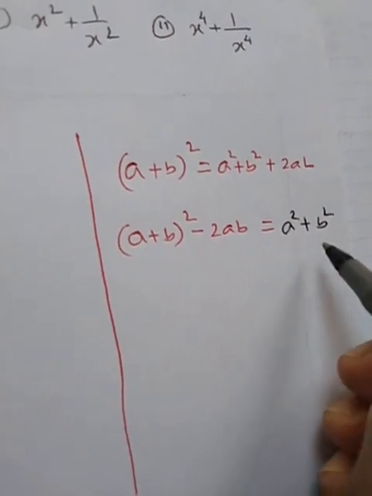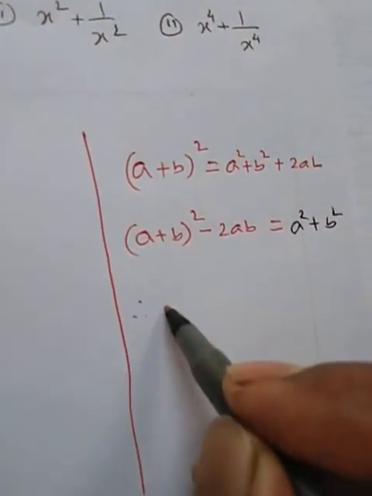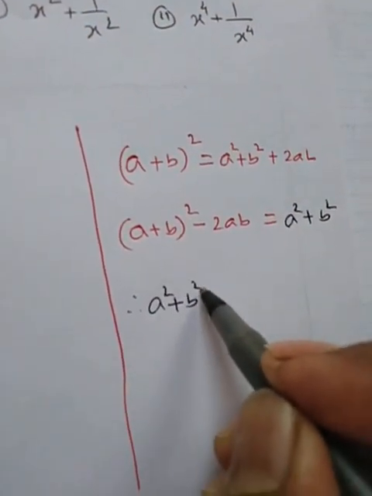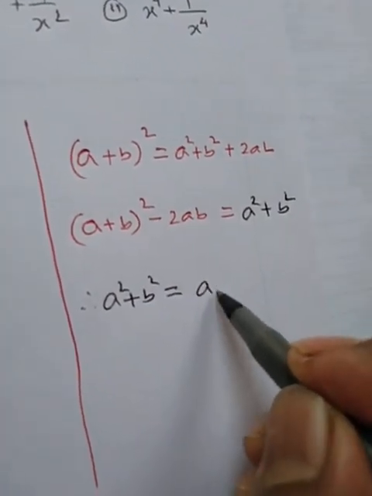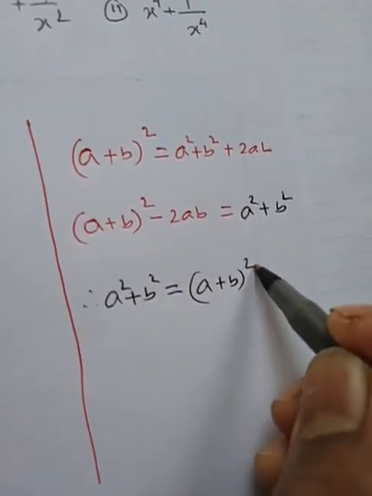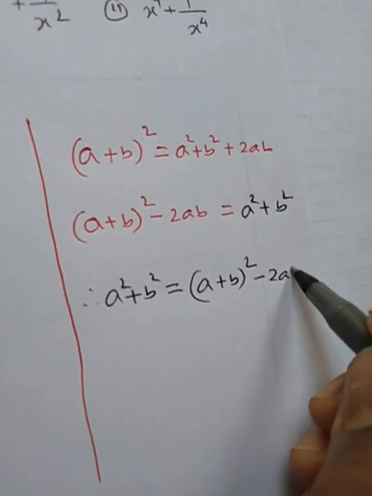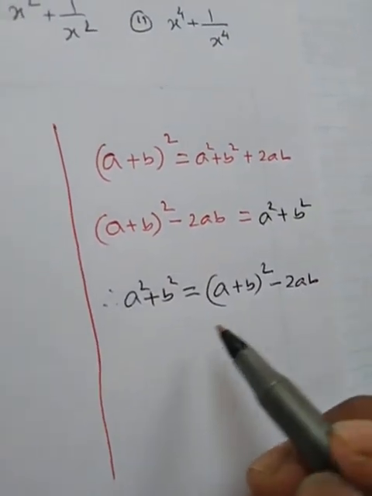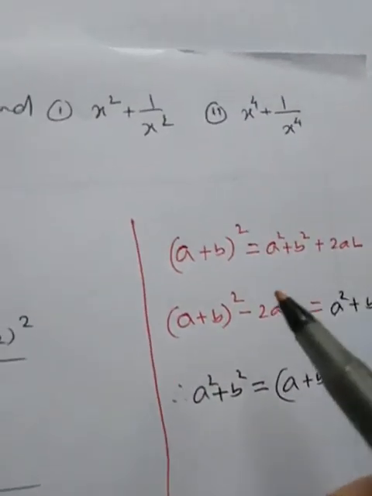So instead of this a square plus b square, we can write it as a plus b whole square minus 2ab. So this identity we are going to use here.